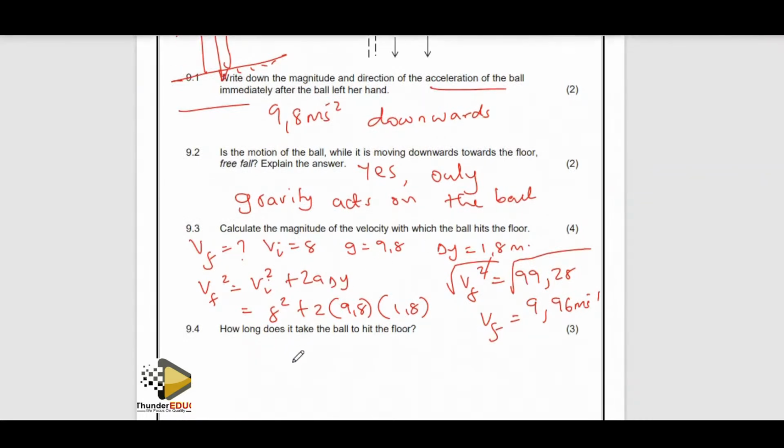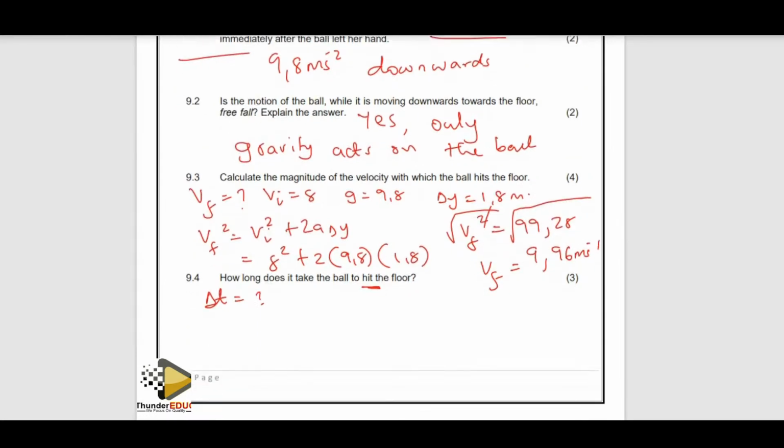Then 9.4, how long does it take the ball to hit the floor? So we're looking for the delta t. Since we have our VF, we can even use that first equation. VF is equal to VI plus a delta t.